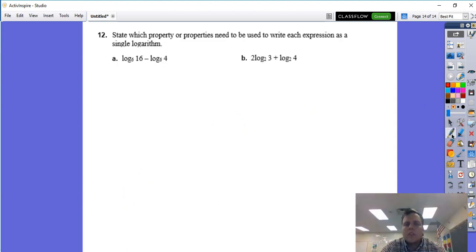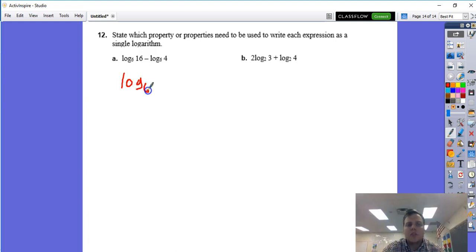Problem 12. State which property or properties need to be used to write each expression as a single logarithm. When you look at A, it says log base 6 of 16 minus log base 6 of 4. You have 2 logs subtracting. So you don't have to actually do this rewriting, I'm just doing it for your benefit.